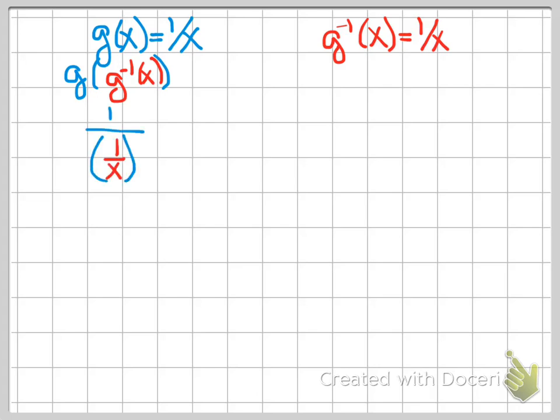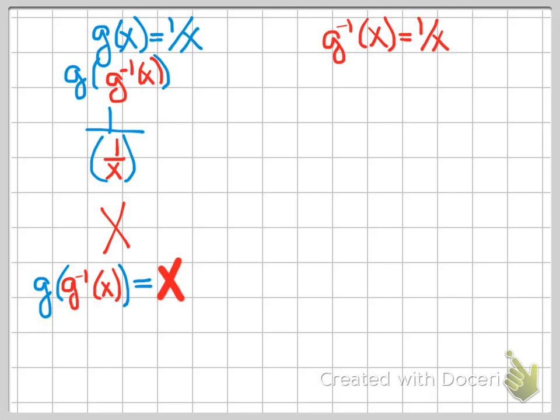If I take 1 and divide it into 1 over x sections, I'm going to be left with x number of sections. So my inverse function composed within my original function will leave me with the identity function.